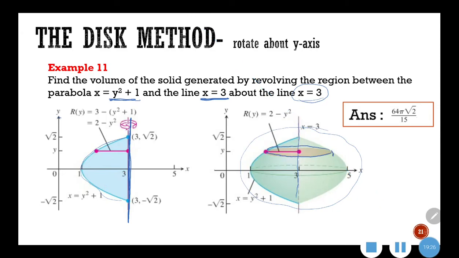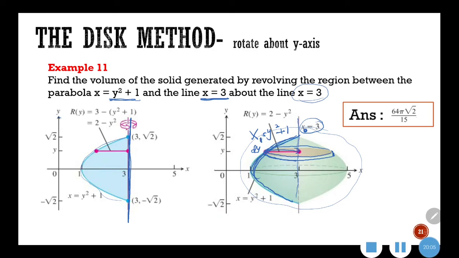And the width of the disc, or the height of the disc here, the thickness of this disc, is again changing with respect to y, so the dy, and then the radius. Now the center of the radius is here, x equals 3, x0, or making it xc is actually nicer, xc represents center. So x0 is 3, and then the radius goes to this curve, where x equals y squared plus 1.